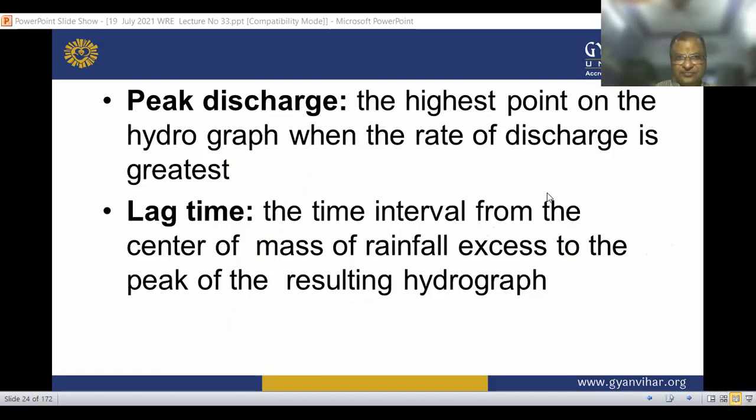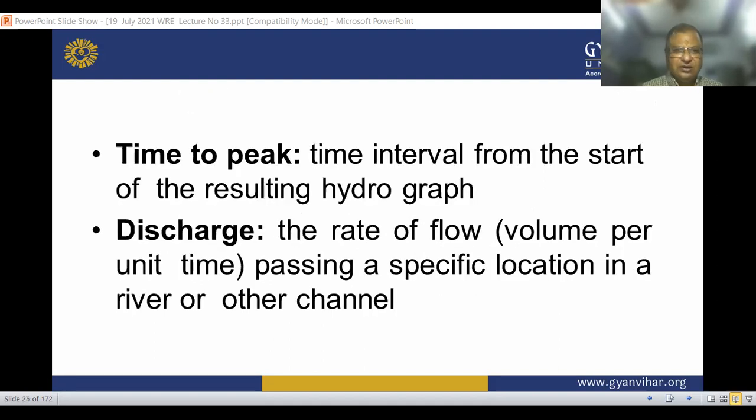Now lag time. The time interval from the center of mass of rainfall excess to the peak of the resulting hydrograph. Time to peak is the time interval from the start of the resulting hydrograph.